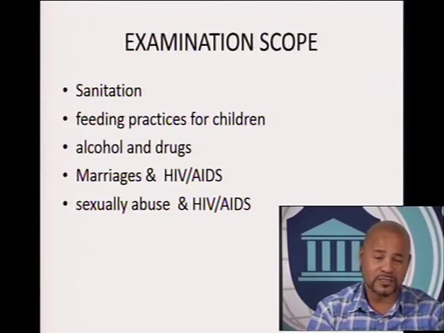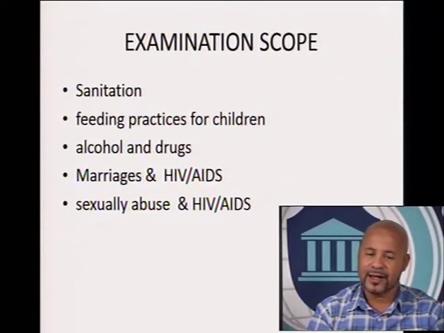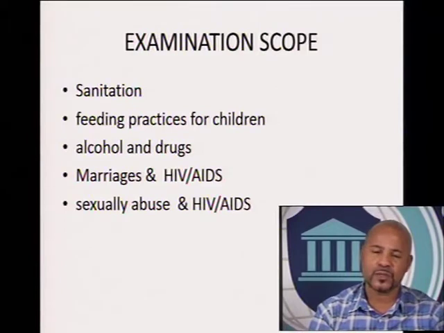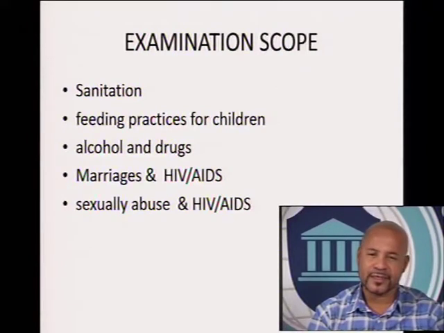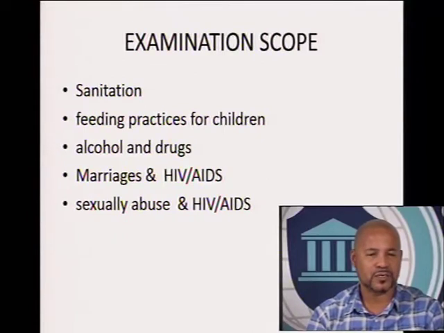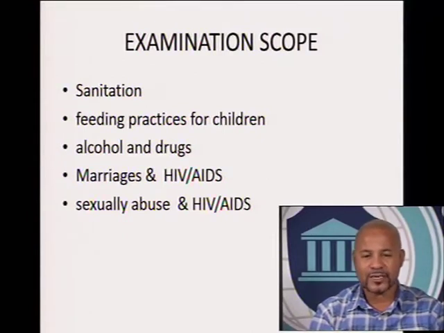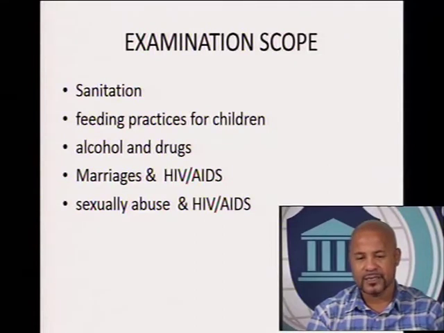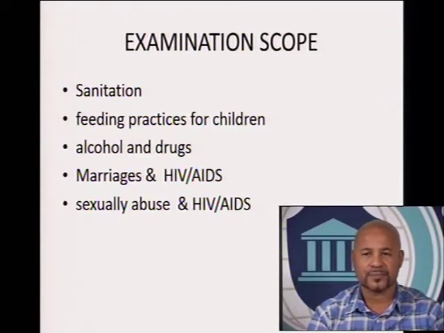And then, of course, the impact it's having. You can also link this with the law, with legal reform. Is there any legal reform in place that actually addresses sexual abuse and HIV/AIDS? What does the law say in the protection of the abused?